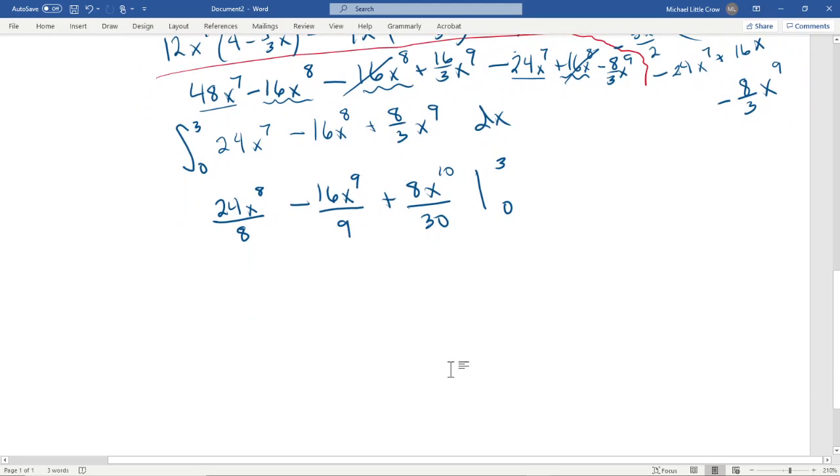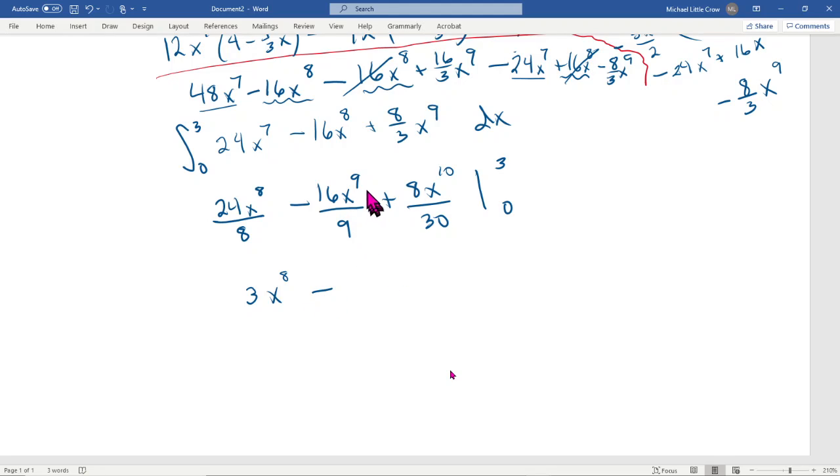Now when we plug in 0 for x, that all becomes 0, so all we really have to do is plug in the 3 and get a common denominator, I guess. Let's see, 8 goes into 24. Let's simplify a little bit. That's going to be 3x to the 8th.